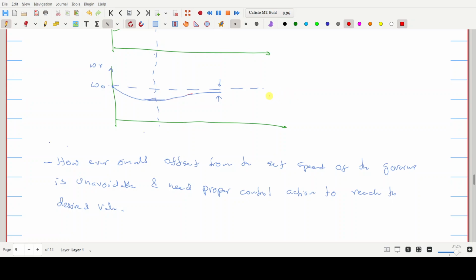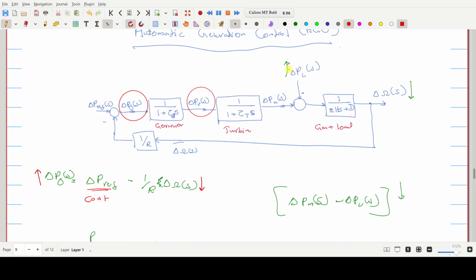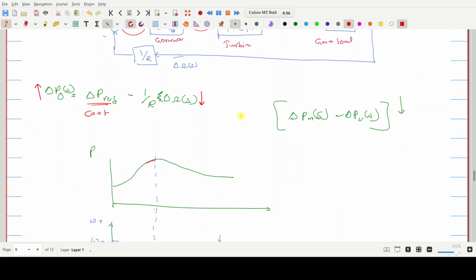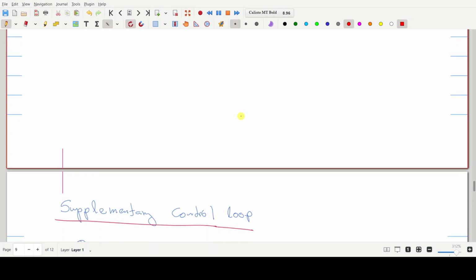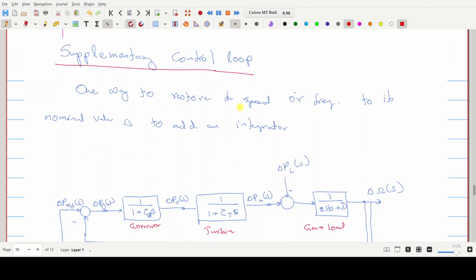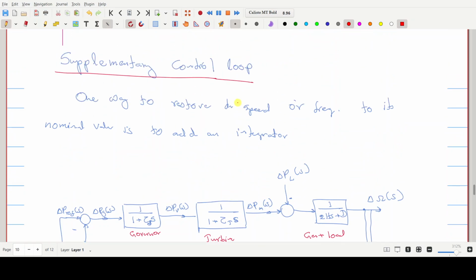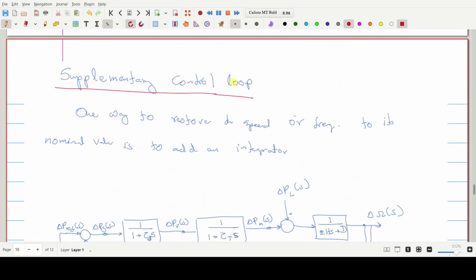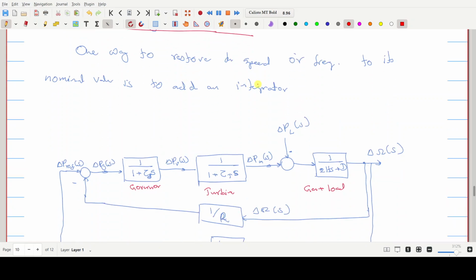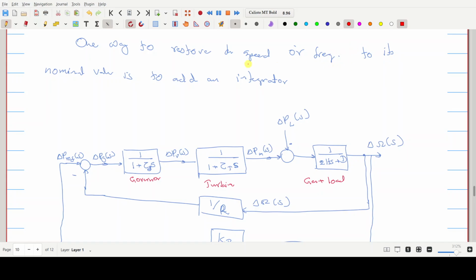So in order to correct that, you need another part added to this control. Okay, so let's see what we need. This part is called the supplementary control loop. So this is one way to resolve the speed or frequency problem that we have seen earlier.